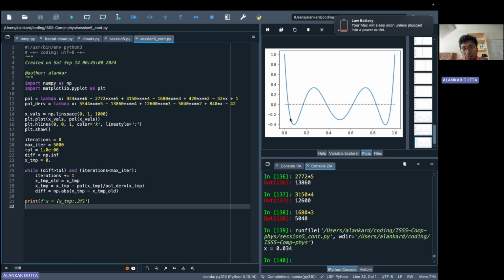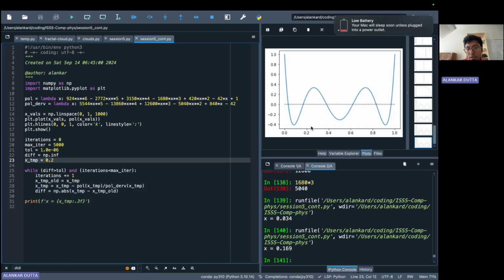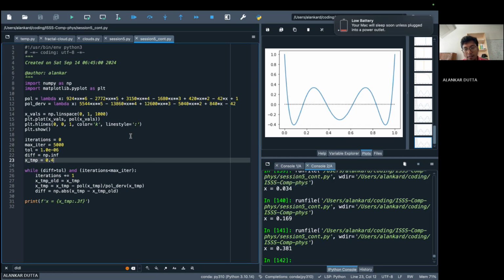Okay, and print this. So 0.034 is the first root we converge to. Then let's try 0.2, and hopefully we'll converge to the next one. 0.169 is the next root. Let's try 0.4. So 0.381.